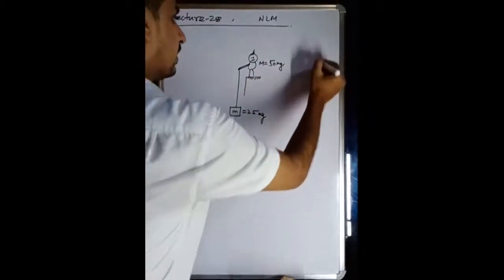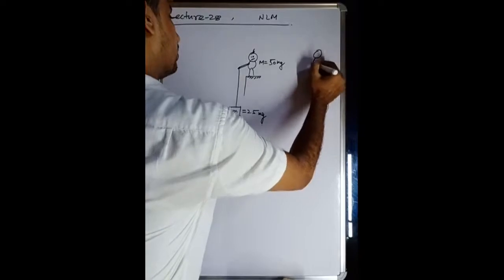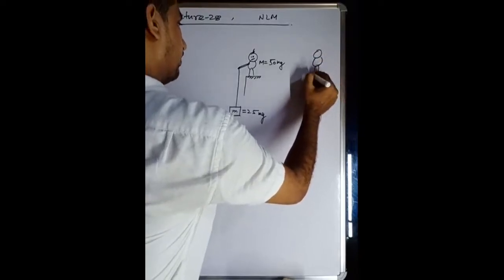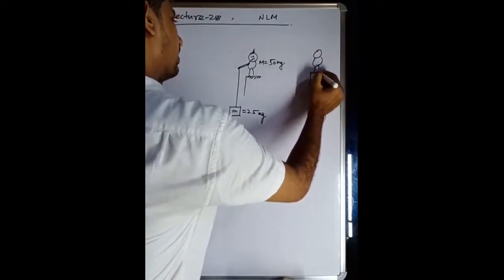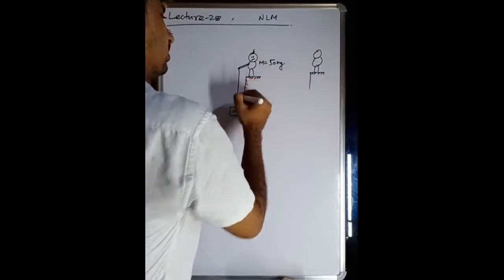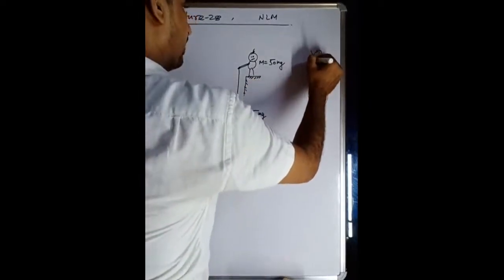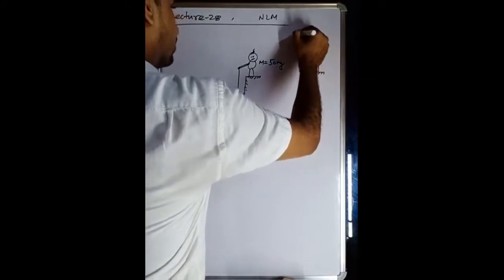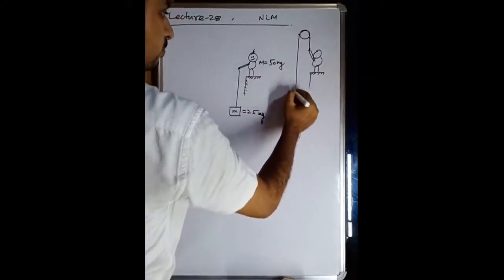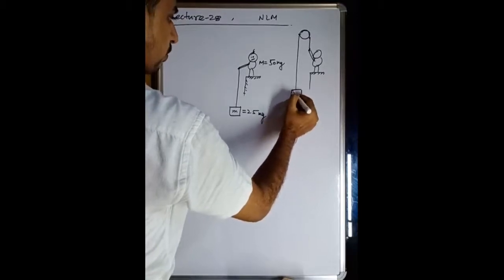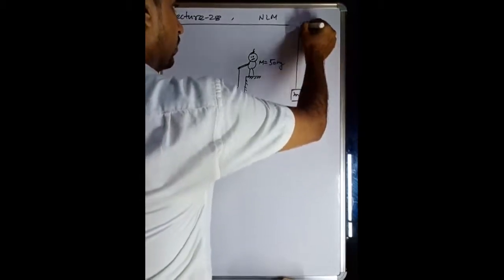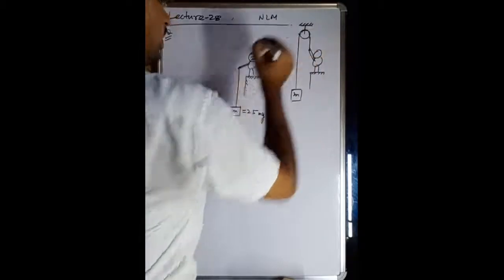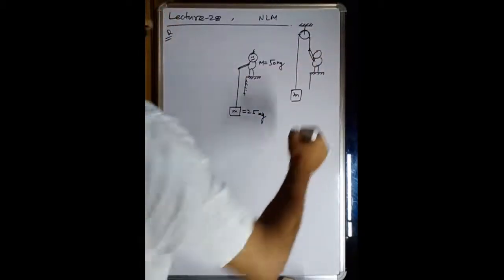Now in the second case, his clever brother is pulling the same mass, but he is using a pulley mass system to pull the same bucket from the same depth, and all are identical.